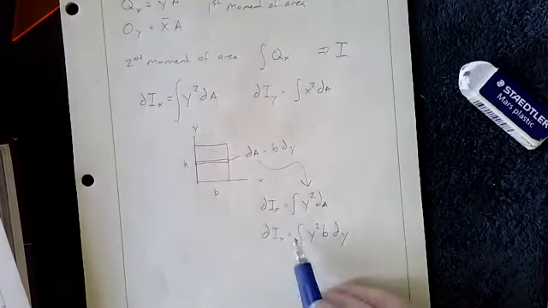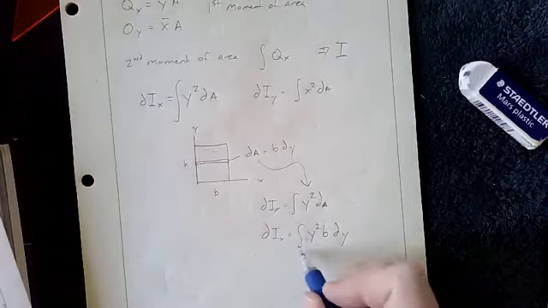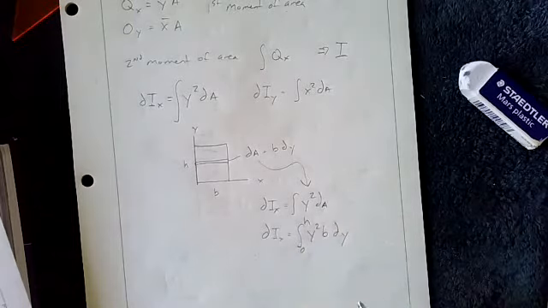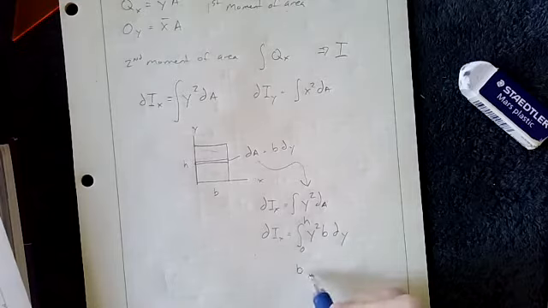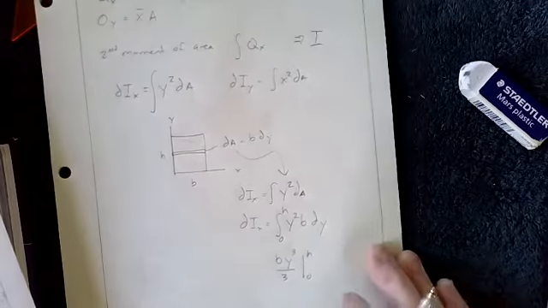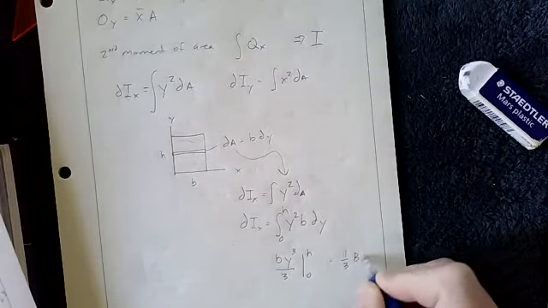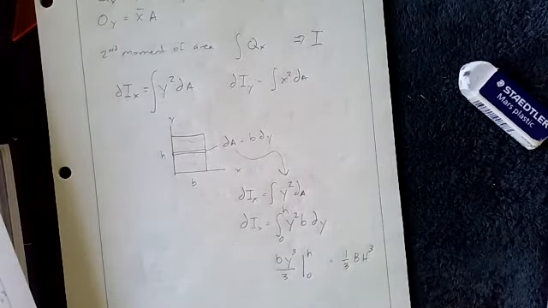So now I can integrate with respect to y, going from 0 to h. What I get is b y cubed, because b is a constant, divided by 3, evaluated from 0 to h. That gives me 1/3 bh cubed.